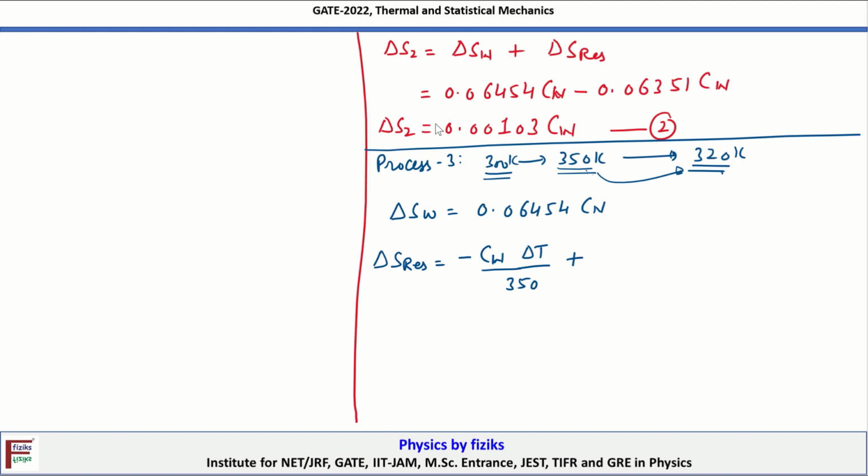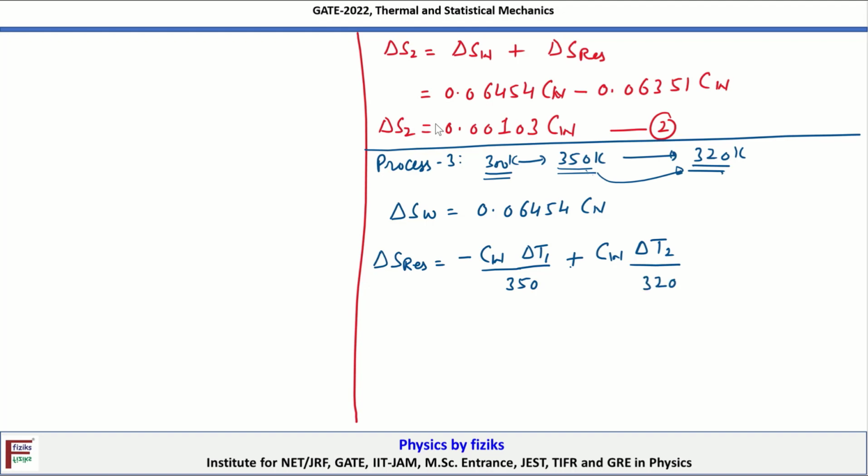So there is a positive change in the entropy for the reservoir, because it's acquiring heat from the water at 320 Kelvin, but its temperature is not changing. So that's why a positive sign here. And then CW delta T2, where I call these delta T1 and delta T2, divided by the corresponding temperature of the reservoir which is 320 Kelvin.